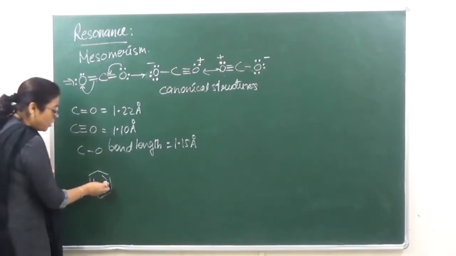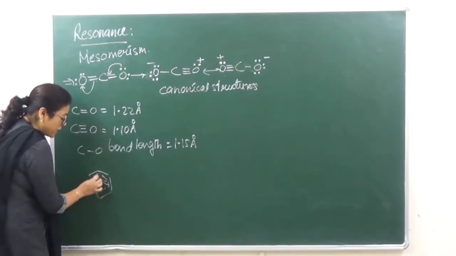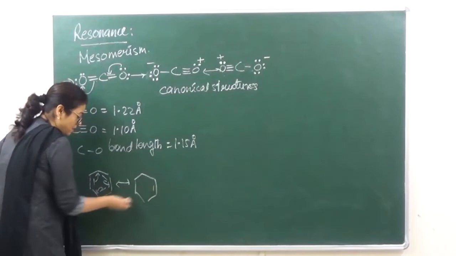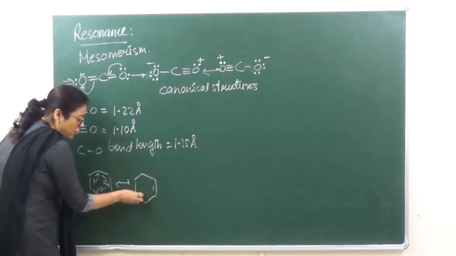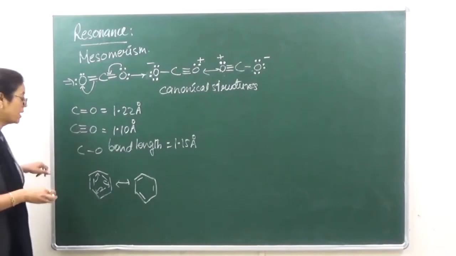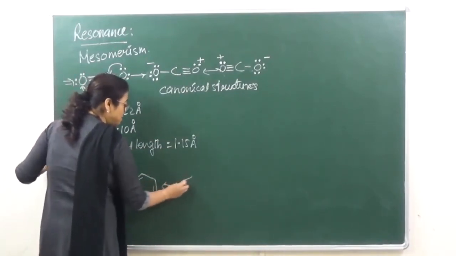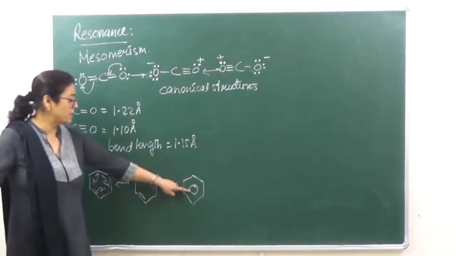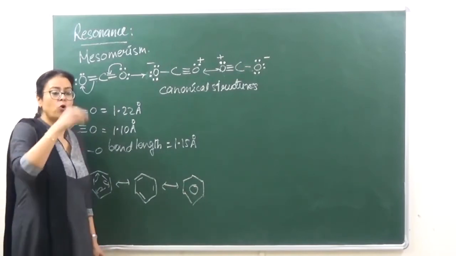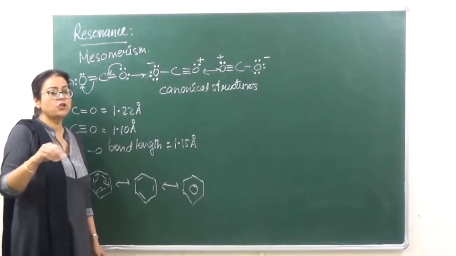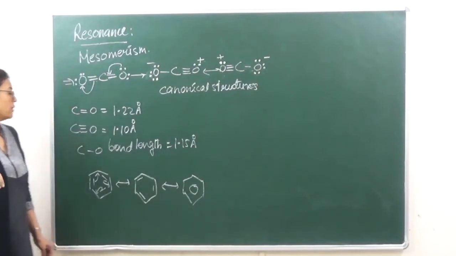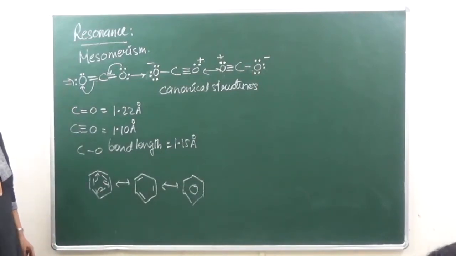Okay, now what will happen here is this will shift here, this will shift here, and this will shift here, such that the resonating structure is this one: this bond has shifted here, this bond has shifted here, and this bond has shifted here, okay. So we generally represent the molecule of benzene as this, where the circle in the center signifies the delocalization of the pi electrons in the entire benzene ring, okay. So over here also the bond length is in between single and double bond, right? So this is what resonance is.